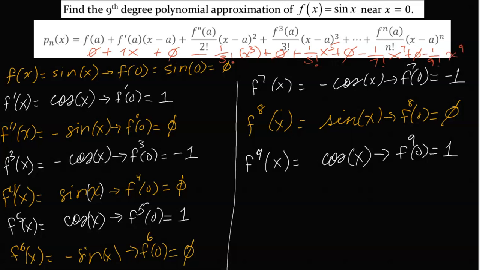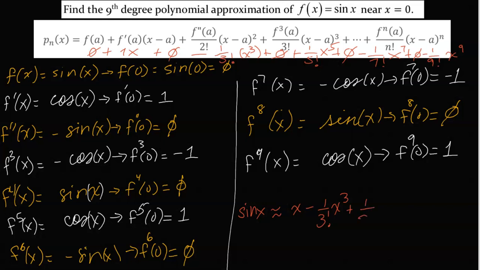So in short, we would say, hey, sine of x is going to be approximately x minus 1 over 3 factorial x to the 3rd. Actually, that wasn't a plus, that was a minus. We know it alternates.